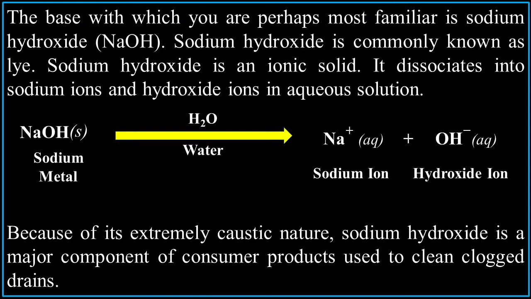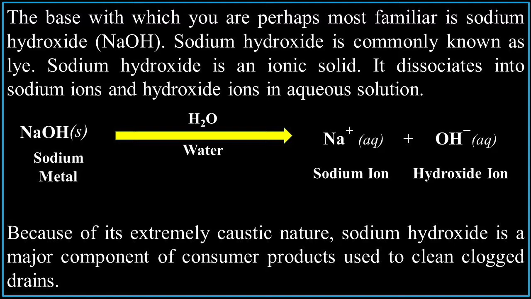Sodium hydroxide is an ionic solid. It dissociates into sodium ions and hydroxide ions in aqueous solution. And there's the formula: NaOH yields Na+ and OH-.